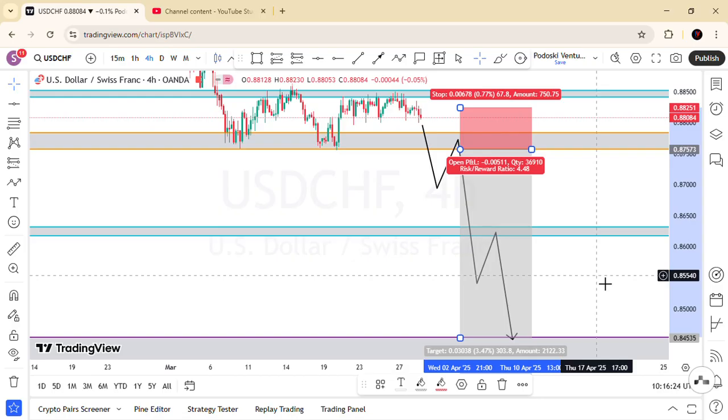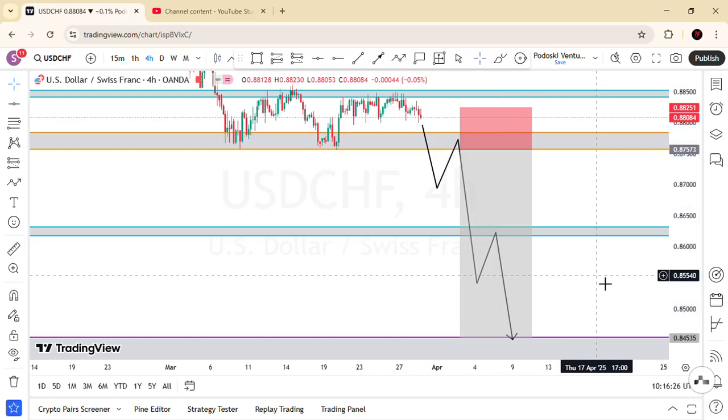That's like 1 to 4. So if you catch trades like this and hold them for a very long time, no matter the lot size or account size you use, you still make enough for yourself. So yeah, this will be our setup on USD CHF.